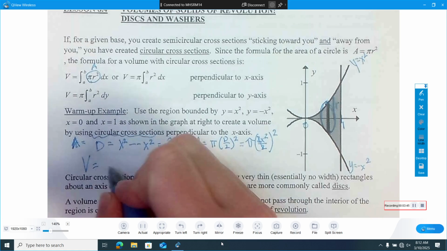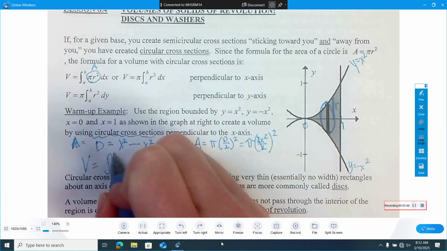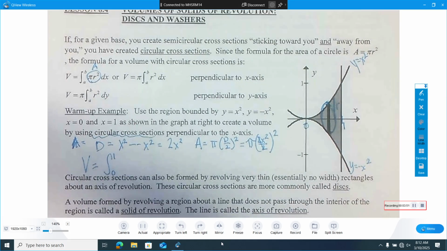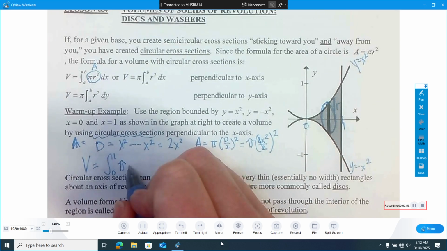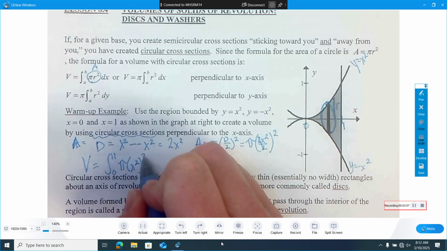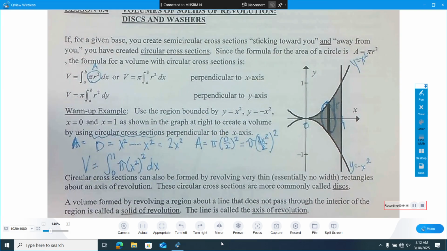If I want the volume, that would be integrating from 0 to 1 on the x-axis. The area is pi radius squared, which is just pi x squared squared, and then times our thickness, dx. So there is our formula to find the volume if we use circles.